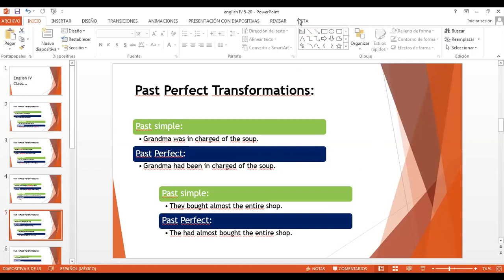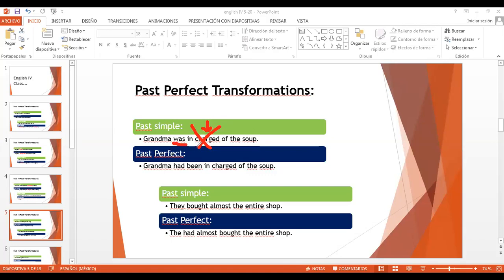Now, what we have here is super simple. So we have one active action. Grandma estaba a cargo de esto, ya no es parte de la acción, ya no está activo, queda intacto. Esto no change.